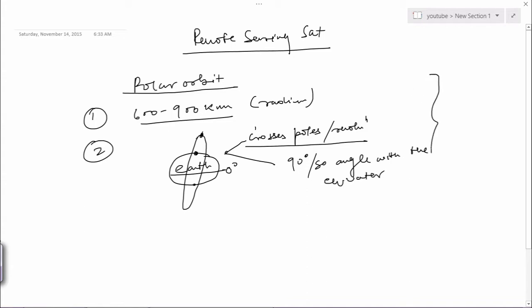Now this is what basically the physical aspect of the orbit is. These are merely facts, but they are important because eventually, based on this location and profiling of the satellite, the functioning will depend.